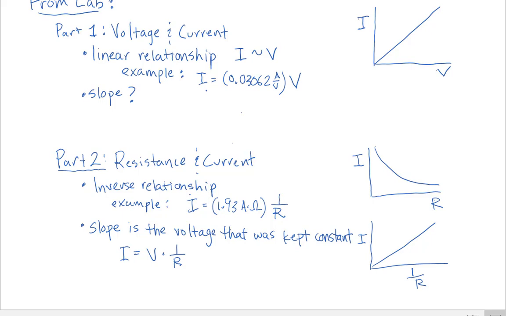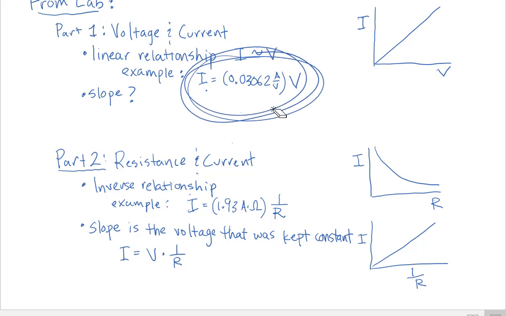Now, let's go back up and look at part 1 then and see if we can make sense of the slope. Up in part 1, we had current and voltage that we were looking at. So if we come back up here and look at this, I'm going to erase that, but just to take your attention up there.